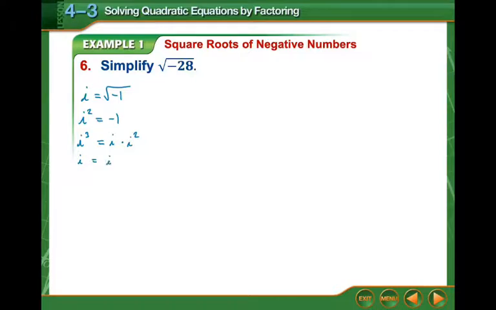So i times negative 1, or just negative i. i to the fourth is equal to i squared times i squared, which again we know i squared is negative 1. So negative 1 times negative 1, or just 1.